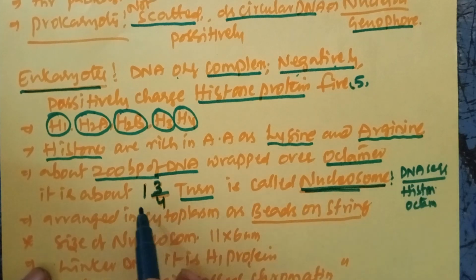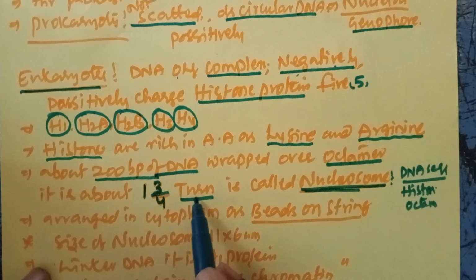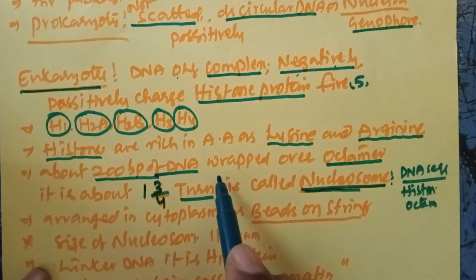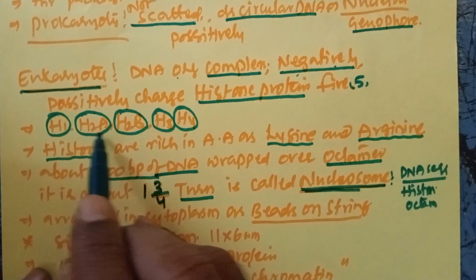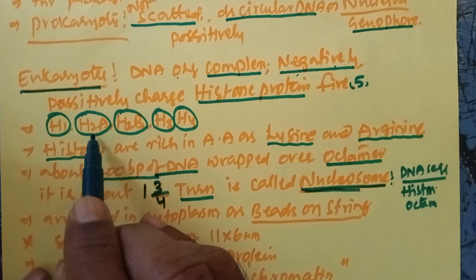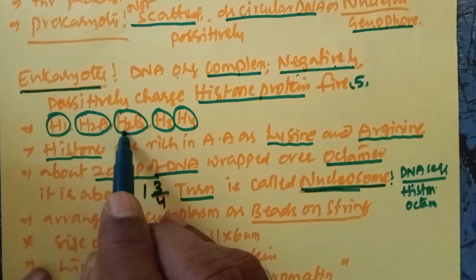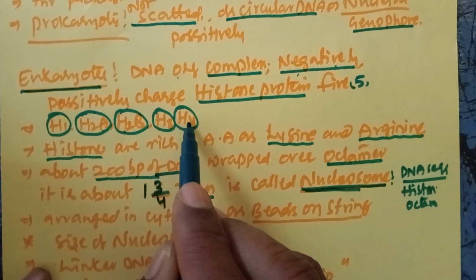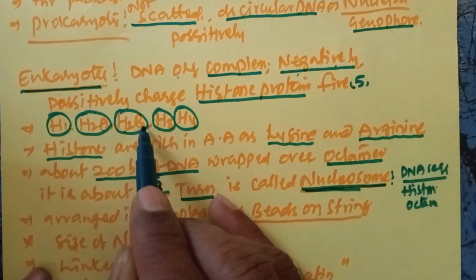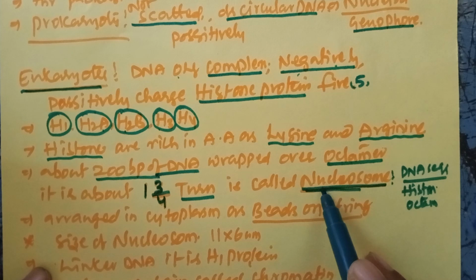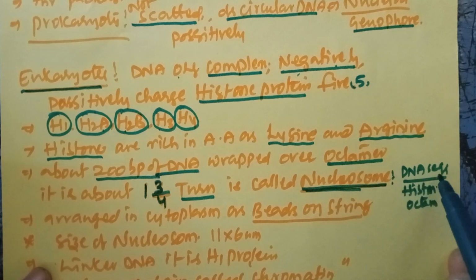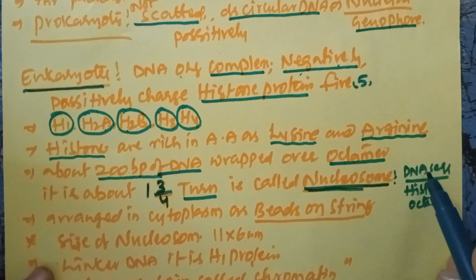The DNA length is near about 1 3/4 turns, wrapped around the histone octamer. Histone octamer means 4 types of histone proteins which get paired, for example H2A, H2B, H3 and H4. So the definition of nucleosome is DNA sequence and histone octamer.